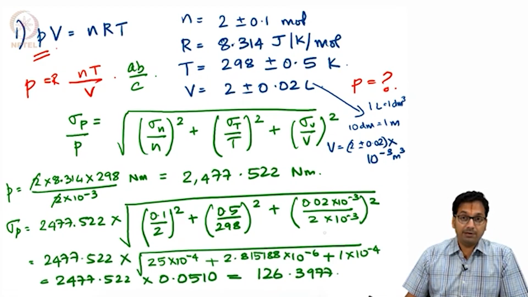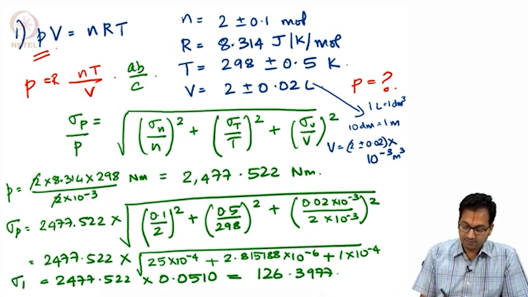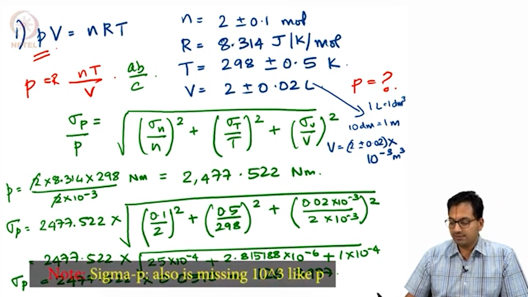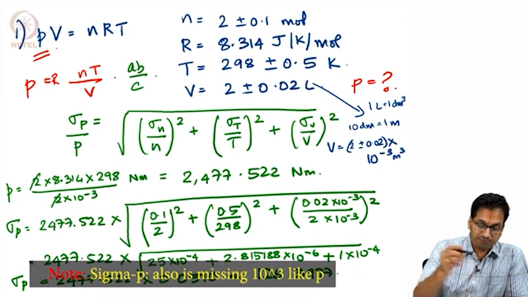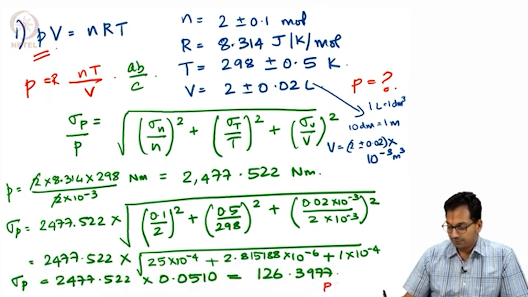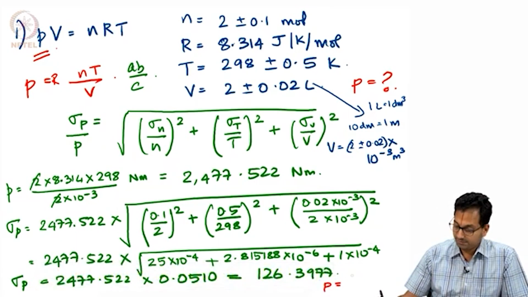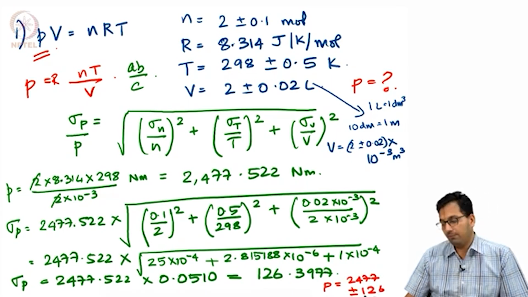So, this finally reduces itself once we are able to do the arithmetic. You see the sigma P associated is about 126.4 units, and then the final way of reporting this value would be that the pressure is 2477 plus minus 126, which is the way a person would provide the value.